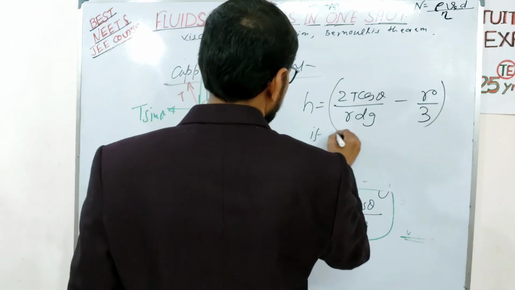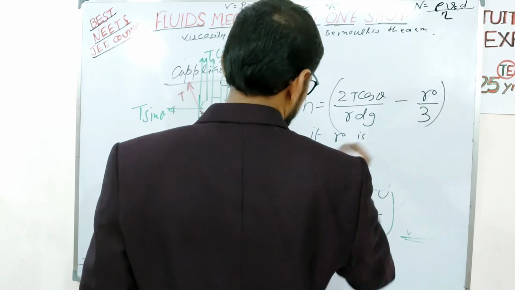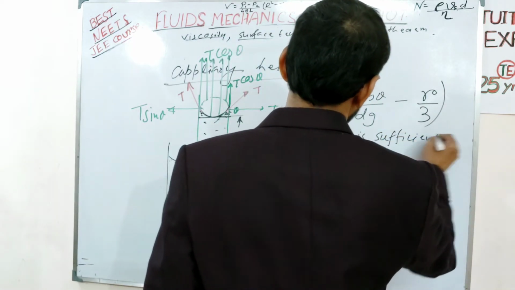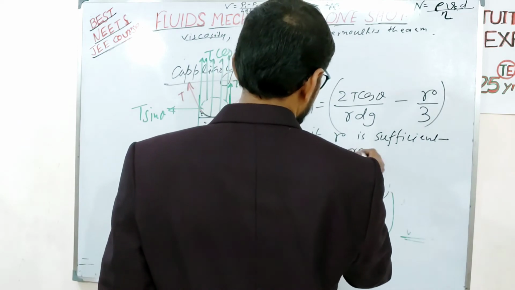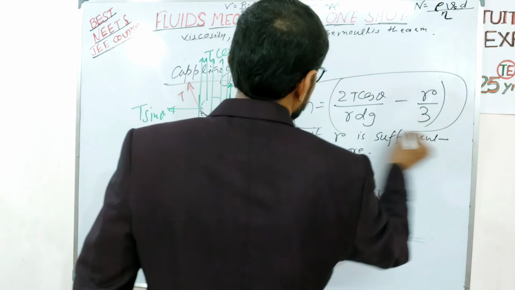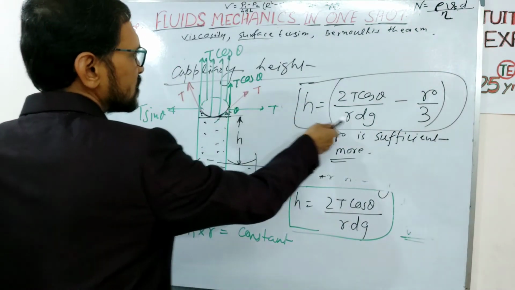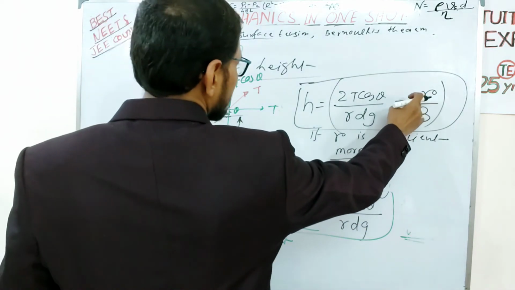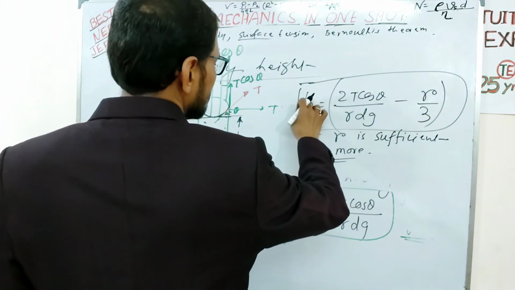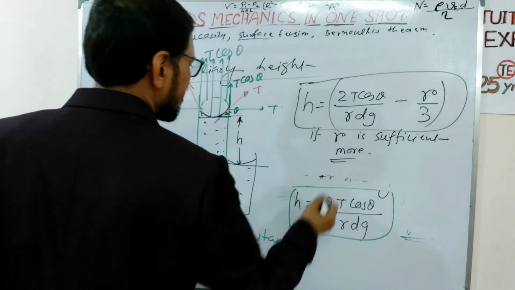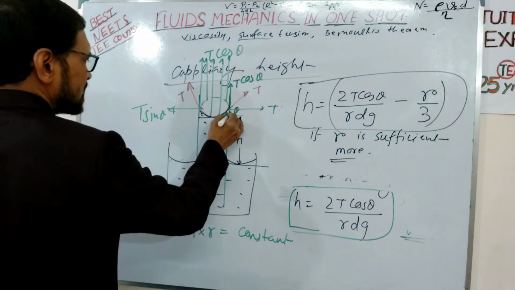If r is sufficiently large, or if it is given that the weight is considered, then we use this formula for capillary height, where theta is the angle of contact.